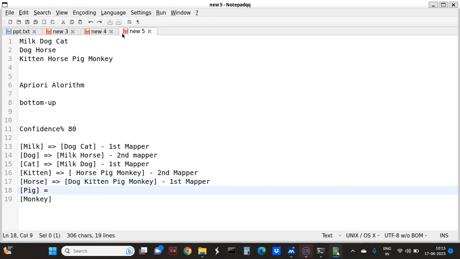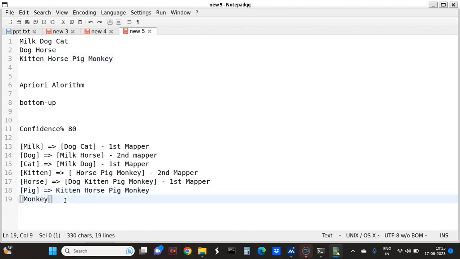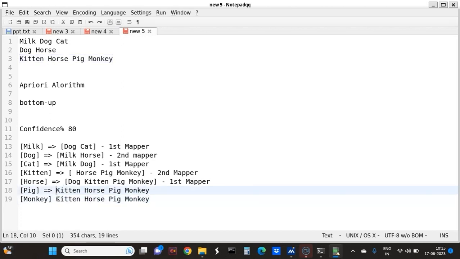So now for pig and monkey it is the same. So here kitten, horse. So now kitten, horse and monkey.